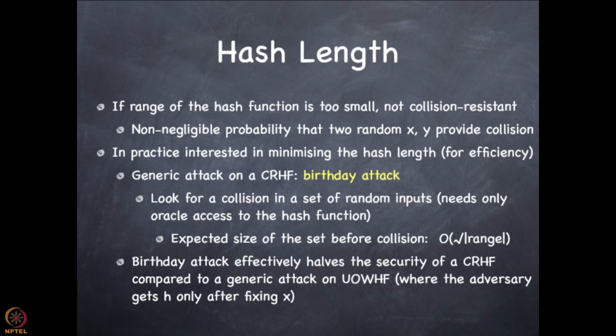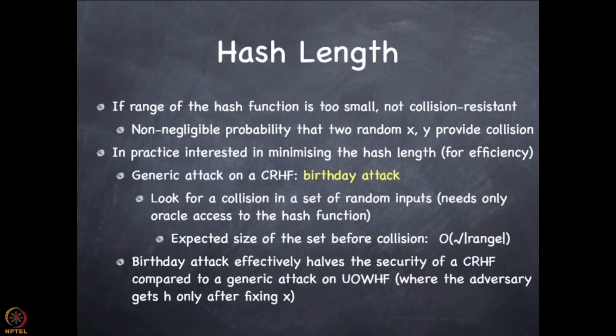You would have thought, if it was one of the other flavors of collision resistance, like this universal one-way hash function, where the adversary has to first commit to an x, then we pick the hash function, and then it's trying to find a y, well then it has to collect enough y's, 2 to the 64 y's, before it can hope to see a collision by accident. So it has, in some sense, 64 bits of security, the universal one-way hash function with a 64-bit output, at least against a brute force attack.